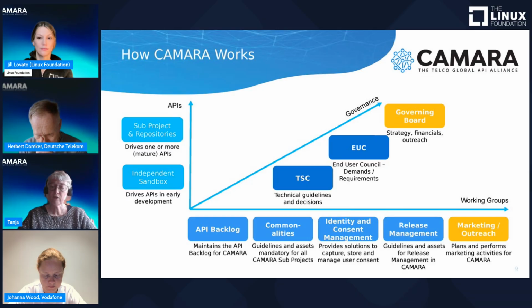Then we have 2 main teams working on guidelines, the commonalities team and the identity and consent management team. These teams are very important for the consistency of the APIs. Then we have the release management team, which defines the processes and the milestones and the artifacts that need to be provided for API release and for the meta release.